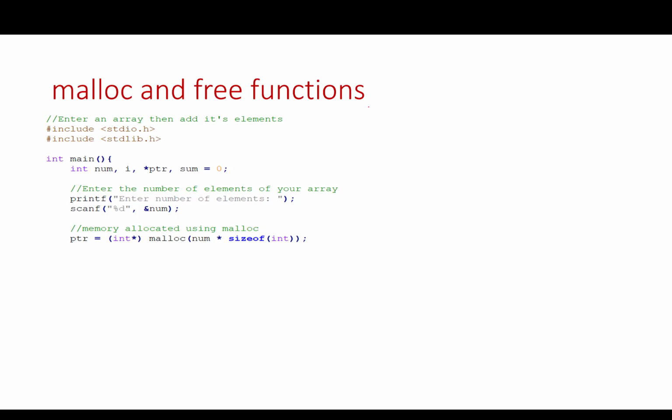And then after having this, I'm going to have in the memory a certain length based on num reserved for this pointer. So what's the next step? Oh, it's the very important step, which is if anything failed here, you will not get an error. If the pointer didn't get the memory locations assigned to it, you will not get any error.